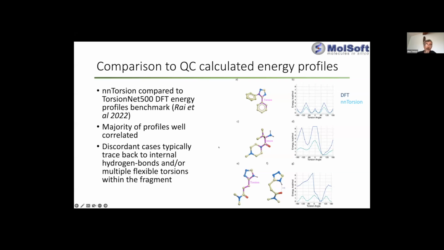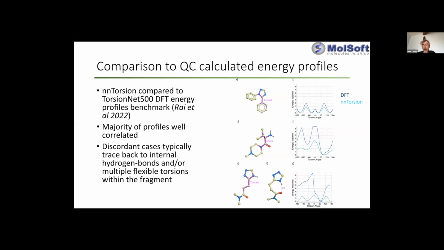There were cases where there was significant divergence, but when we look at them, a lot of them trace back to the fact that some of their model molecules had more than one flexible torsion, which results in some strange artifacts once you start doing those energy calculations and scans.